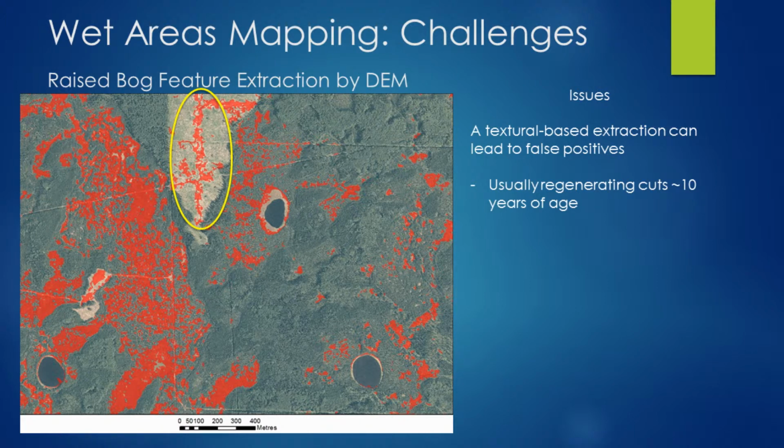So, you know, a textural based extraction can have some of these false positives. And they tended to be regenerating cuts from about 10 to 20 years of age. I'm not sure if it was the regen, if it was some of the slash that was left, or what the situation was. But older cut blocks didn't have the issue, younger cut blocks didn't have the issue, but there was just this sweet spot where we tended to have some of these false positives come in.